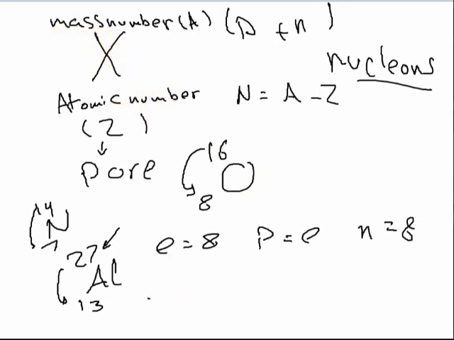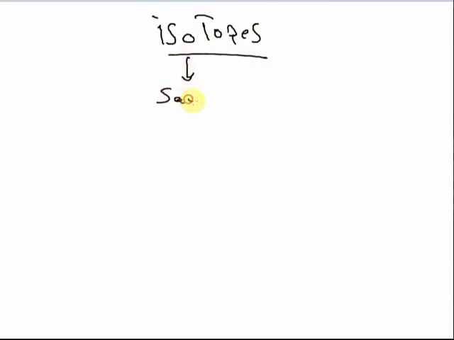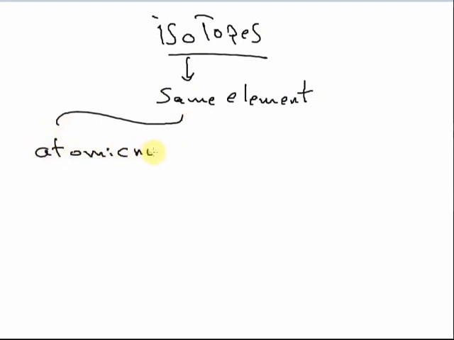So we can define the isotopes as they are the atoms of the same element, which are equal in the atomic number but differ in the mass number.